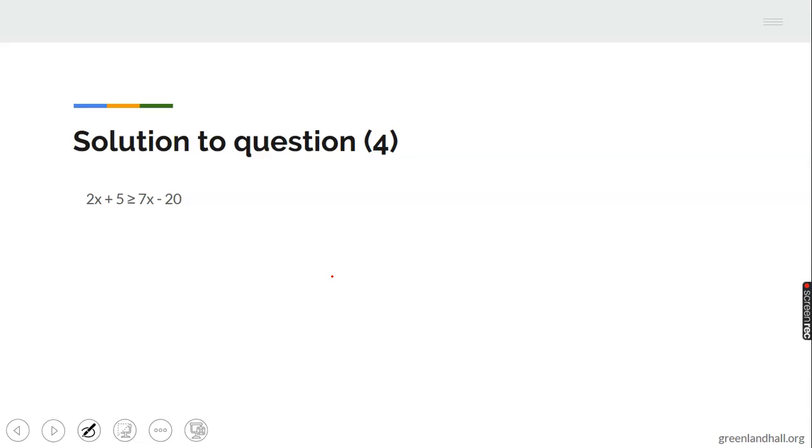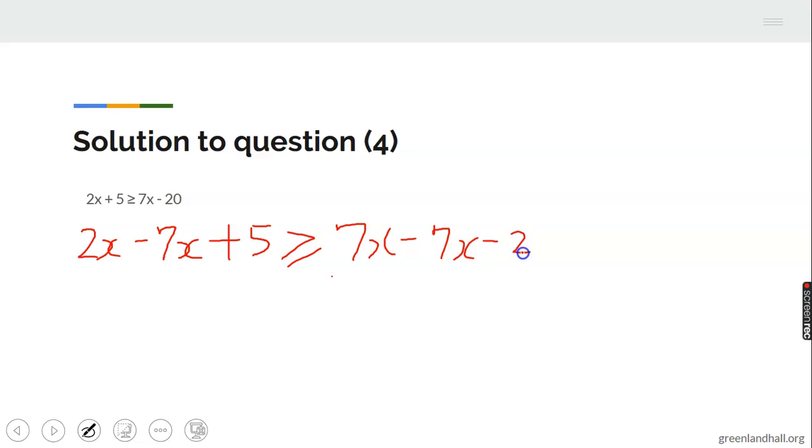Okay, now let's continue. 2x, that will be 2x minus 7x. That is, I'm subtracting 7x from both sides, plus 5 greater or equals 7x minus 7x minus 20. And this will give me minus 5x plus 5, which is greater or equals minus 20. So I must eliminate 5 here.